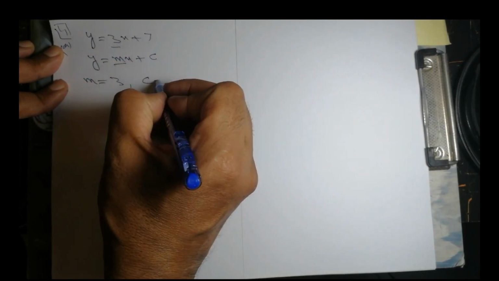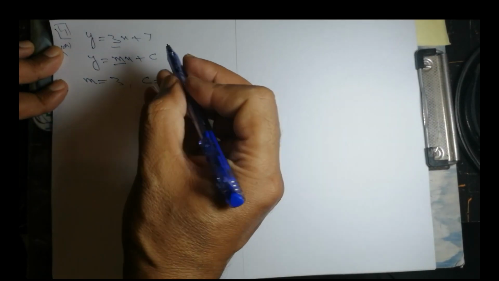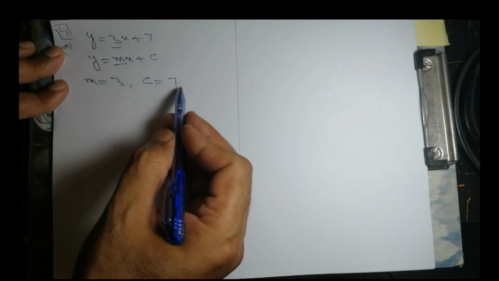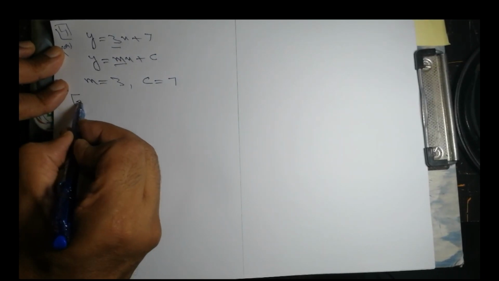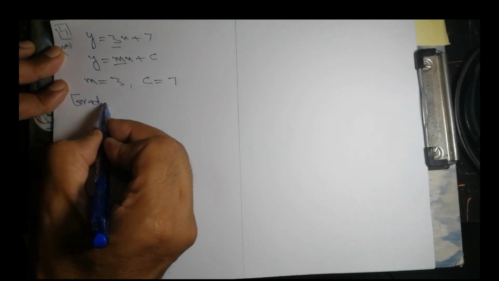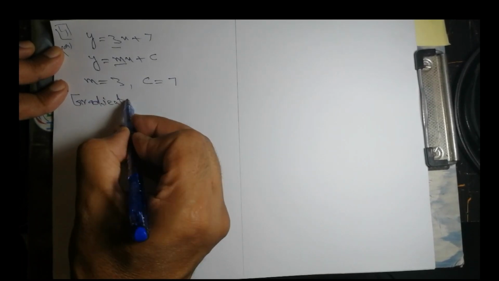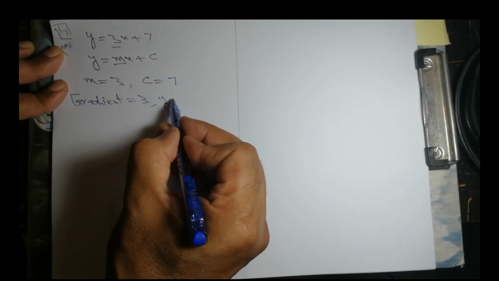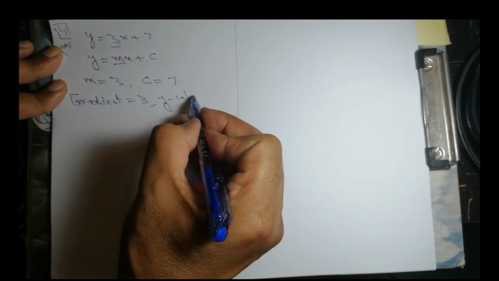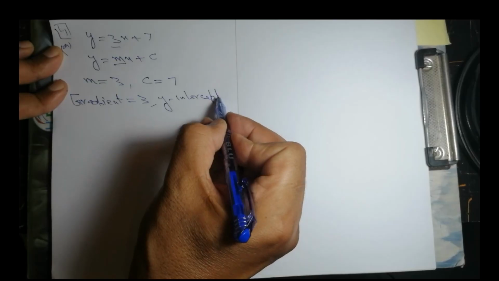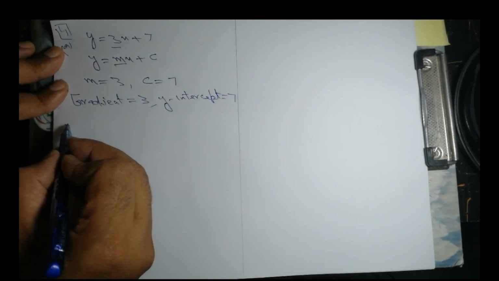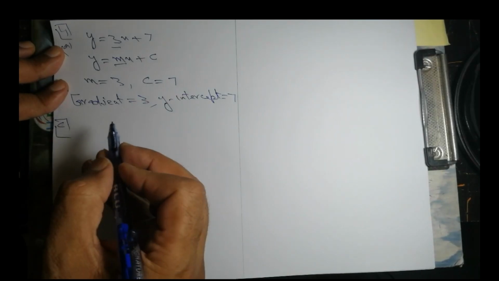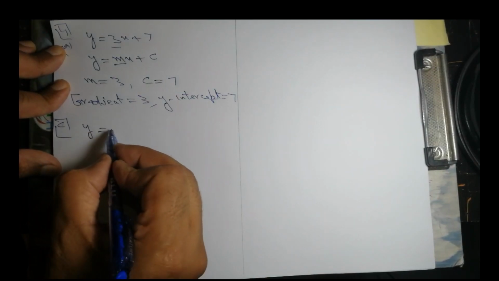If we compare, c equal to 7, so the y-intercept is 7 and the gradient is 3. So gradient equal to 3 and y-intercept equal to 7. So this is the answer.